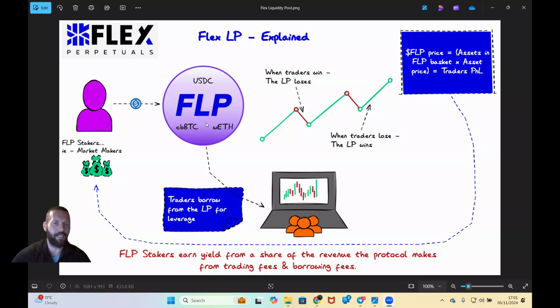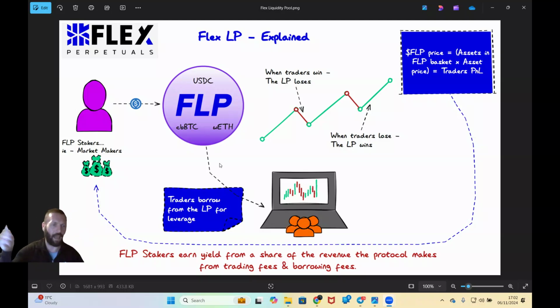So if the market's in a bull run, you're going to see less price appreciation in FLP than you would perhaps in BTC or ETH. But on the flip side, when we go through bear market environments, the losses are also going to be smoothed out because of this big chunk of USDC.